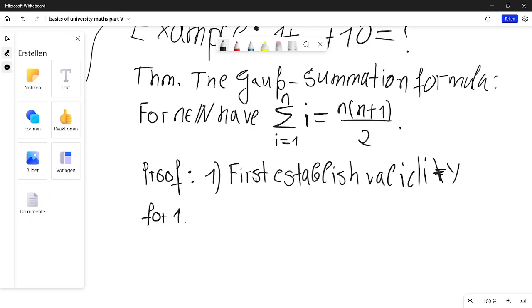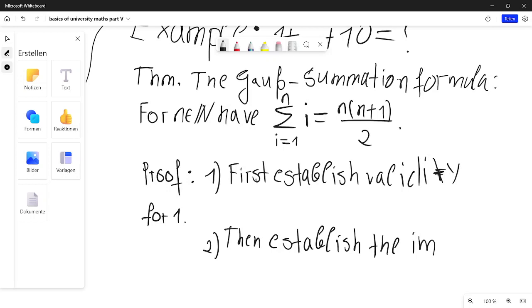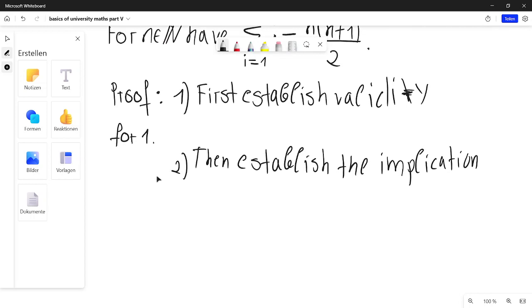I would like to start our induction for 1. 2. Then establish that indeed, the implication for our statement P that the formula holds for n.